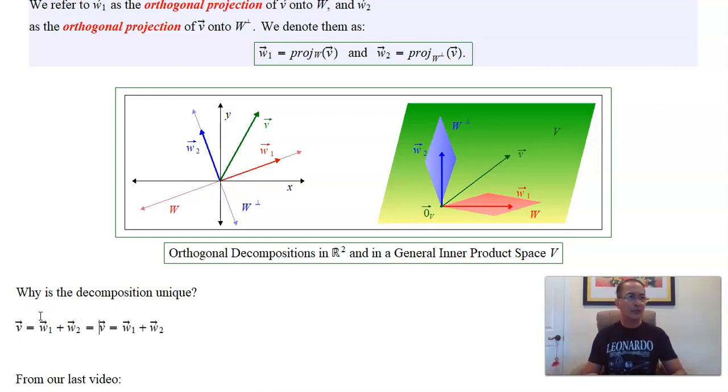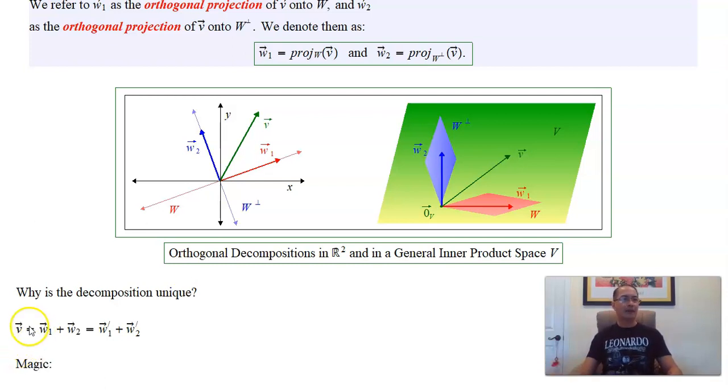Instead of just W1 plus W2, let's call them W1 prime plus W2 prime. Is there really a second way to do it? So what are we going to do? Magic. As usual, it's magic.